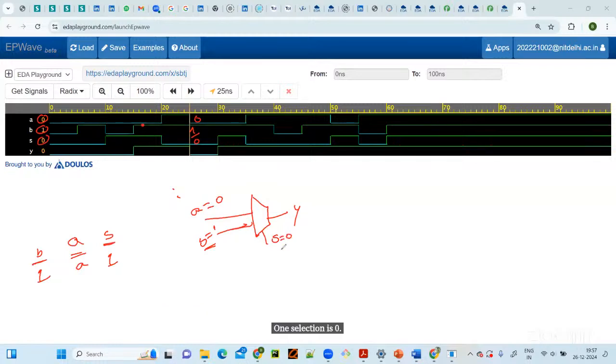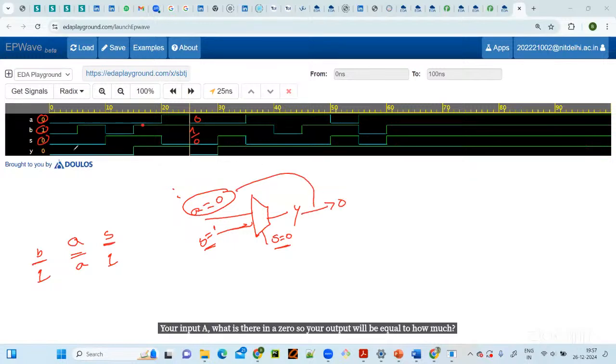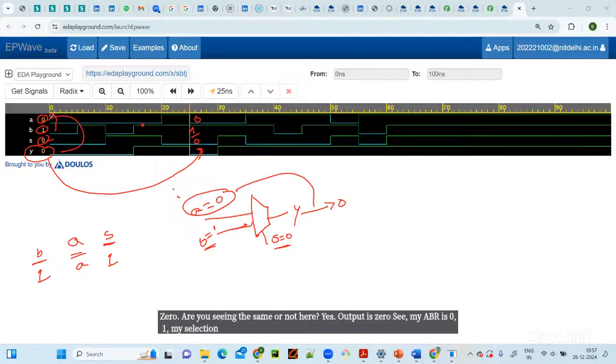For this configuration, what is the output? If selection is 0, what will be propagated to the output? Your input A. What is there in A? 0. So your output will be 0. Are you seeing the same here? Yes, the output is 0. My A and B are 0, 1, my selection is 0, so the input is propagated to the output. Perfect.